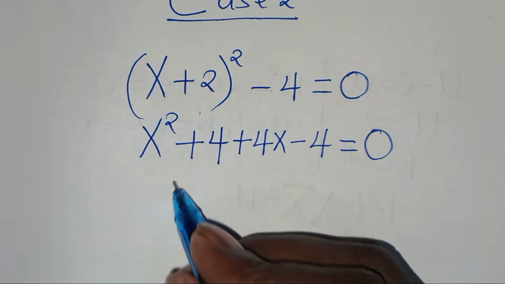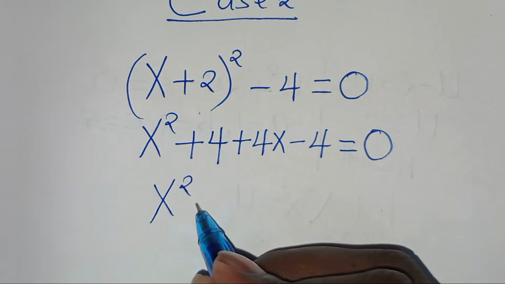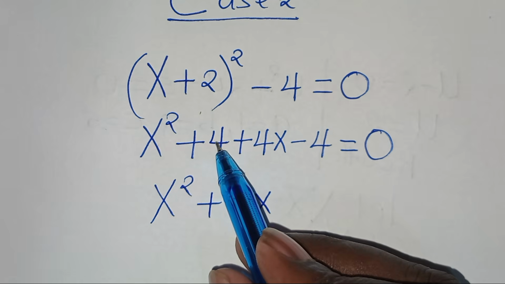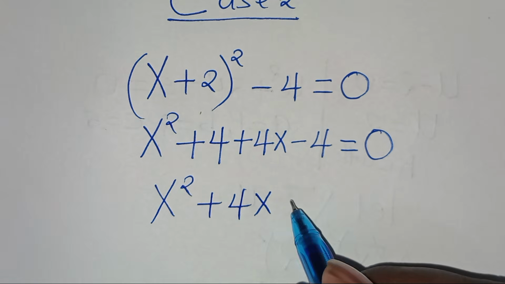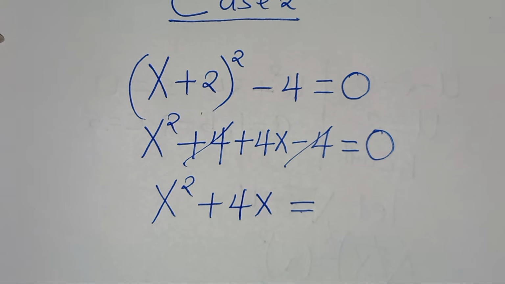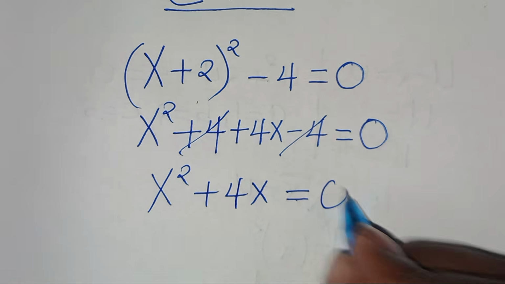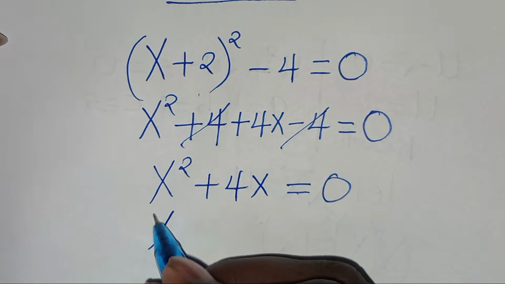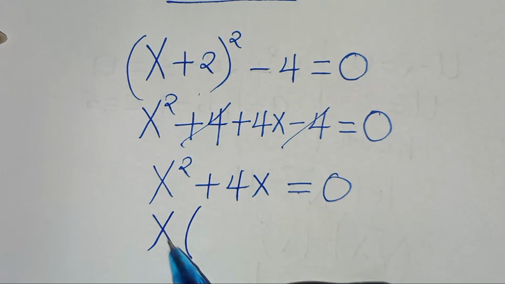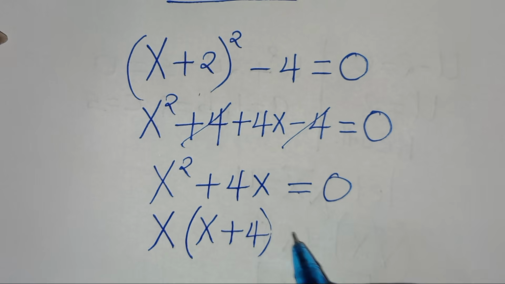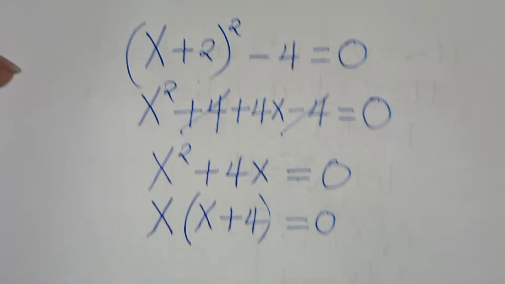Now we have x^2 + 4x, and 4 - 4 simplifies to 0. We have that x is common, so we can factor out x, so that we have x(x + 4) equals 0.